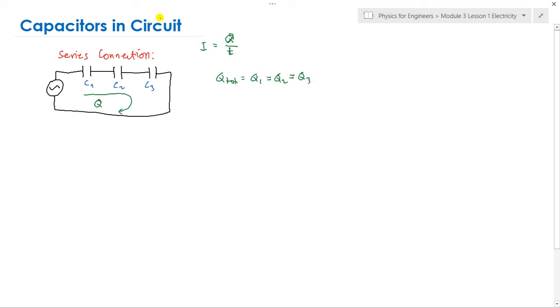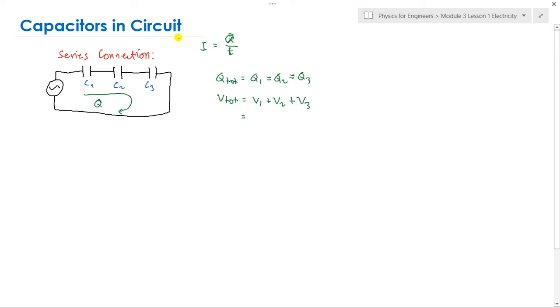Okay, and then for the total voltage, V total is just the sum of the individual voltages, V1 plus V2 plus V3.